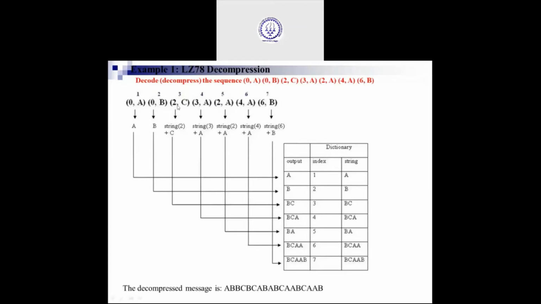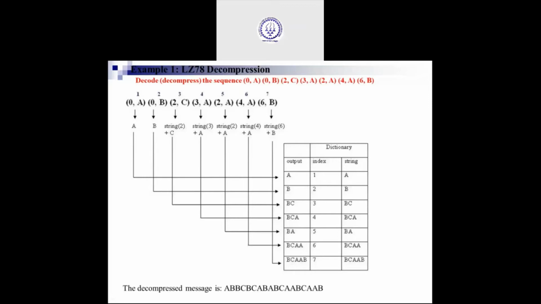The data sequence at the input of the receiver is 0 comma A, 0 comma B, 2 comma C, 3 comma A, 2 comma A, 4 comma A, and 6 comma B. We assume the same sequence has been transmitted by the transmitter, and without any error we have received it at the input of the receiver, which we would like to decode.